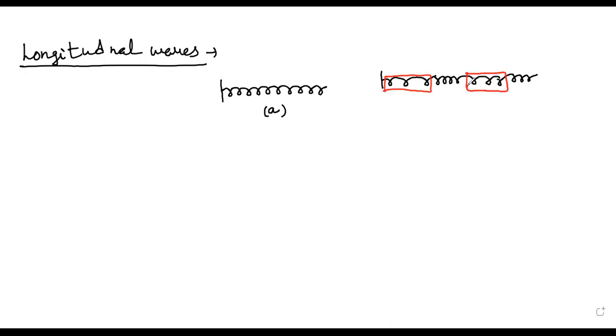Earlier they were not that far. This region is known as rarefaction. And there is another region where they are very close to each other, like this. That is called compression.